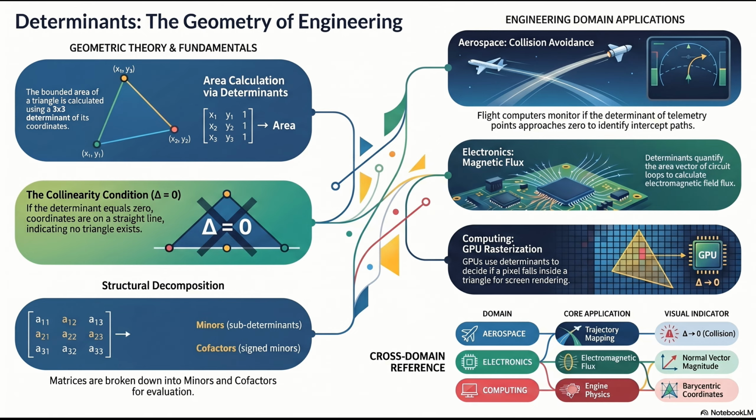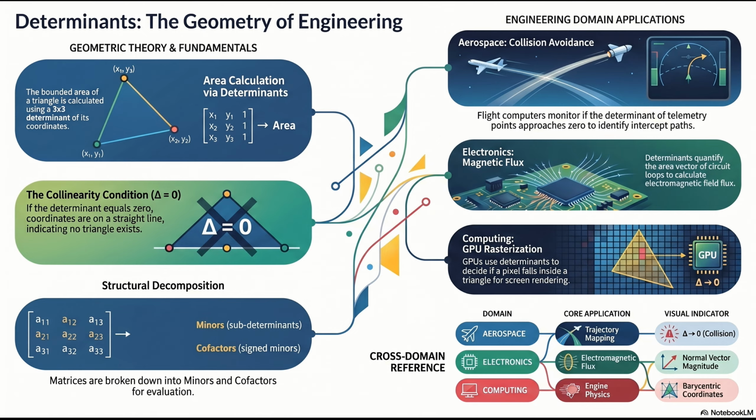You just exclude them. Yes. What you are left analyzing is the localized traffic in the remaining neighborhood blocks. That surviving subgrid, that's your minor. That is an excellent way to conceptualize it. You are systematically blocking out row and column data to evaluate the mathematical weight of one single point within the larger system.